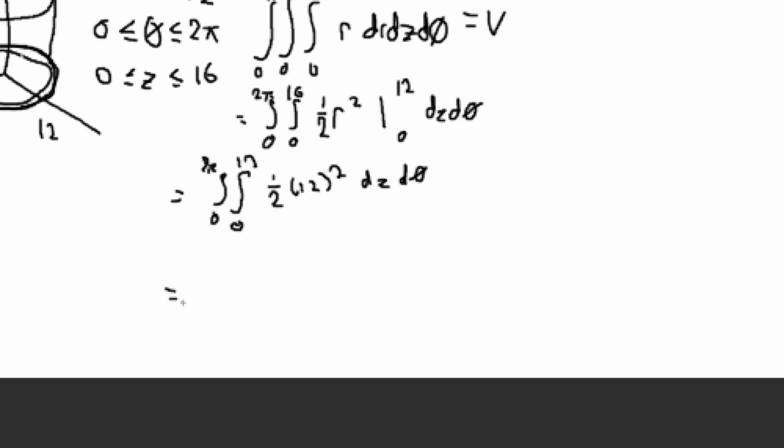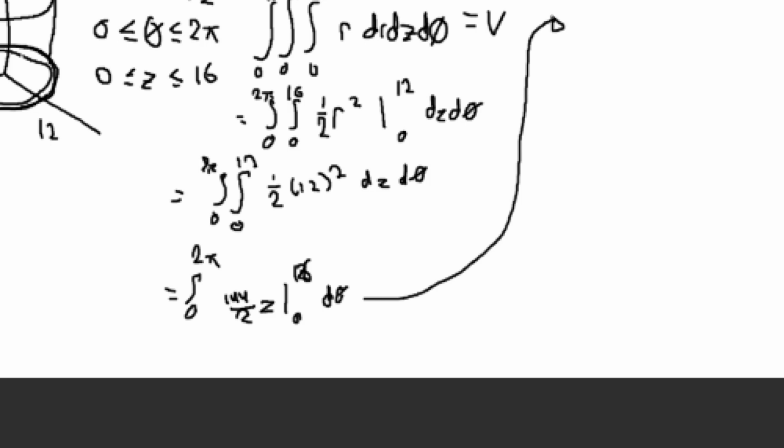So now we have the integral from 0 to 2 pi of 144 over 2 z evaluated from 0 to 16, sorry, d theta. Let's just come over here because things are getting a little bit smushed.